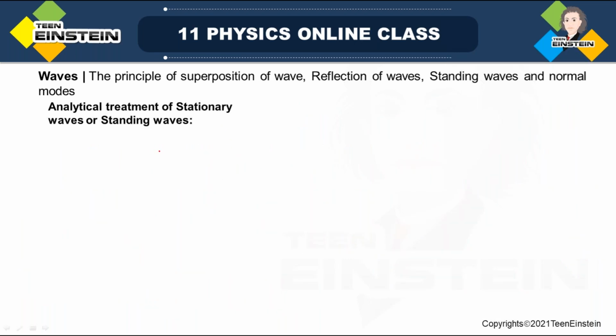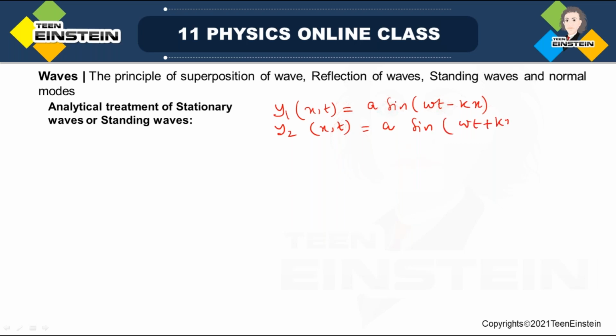So what we have got: I had taken y1 as a sine omega t minus kx and y2 as a sine omega t plus kx.